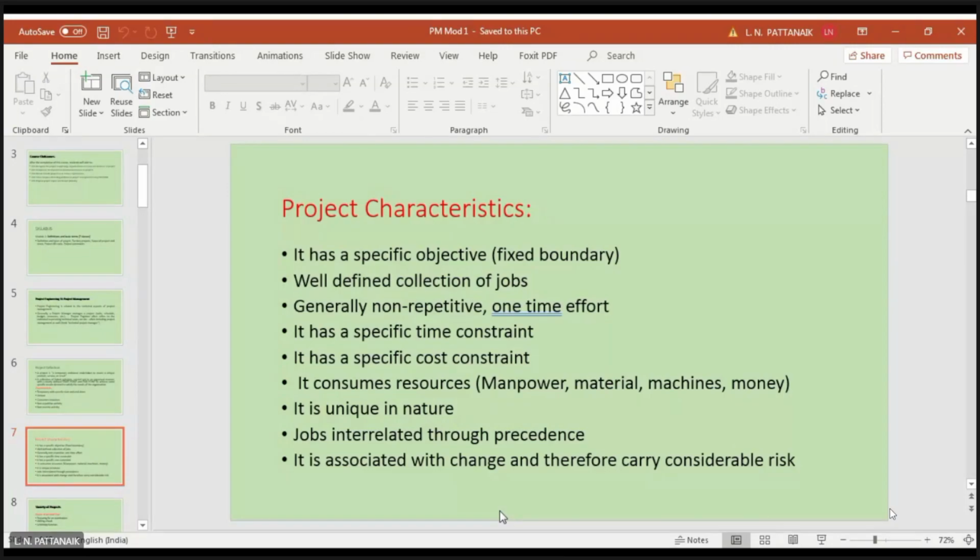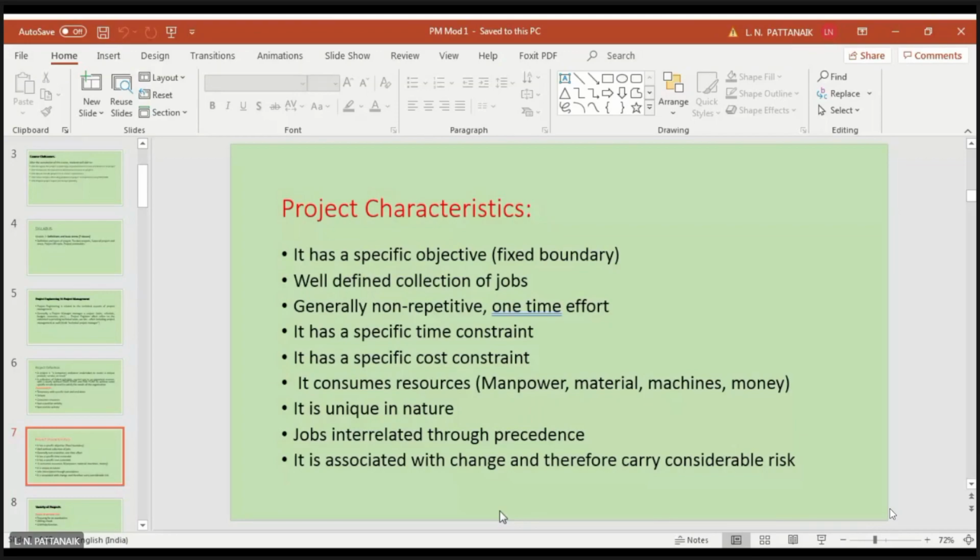Maybe on first look, with two projects of building a house, they may look similar, but if you look in detail, there are a lot of differences: the area of the plot, the specifications, the designs, the requirements, the materials, so everything varies. The budget. So each and every project is unique in that sense.